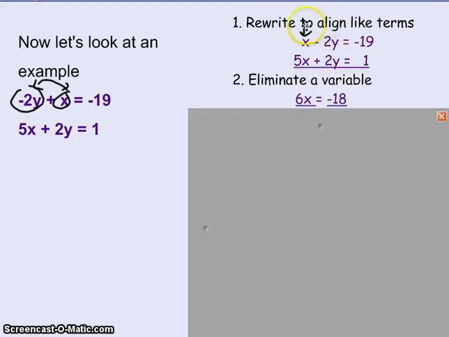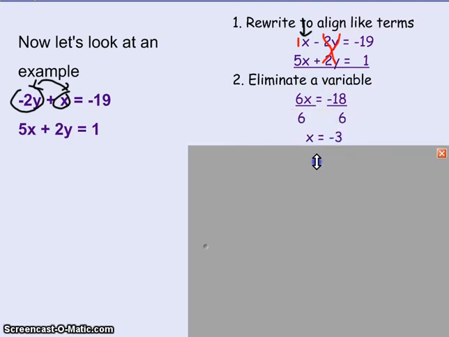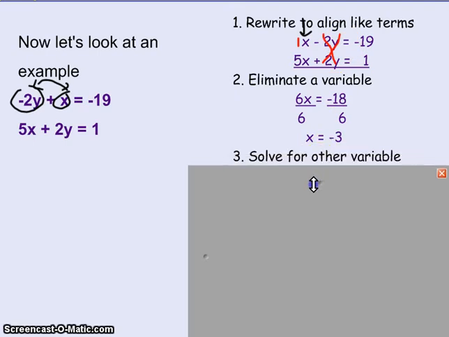When I add them together, we want those opposites to add out. So 1x plus 5x's would give me 6x's is equal to -18. Divide both sides by the 6 to get rid of it, and x would equal -3. So we've figured out what one of the variables is. Now we need to plug it back into one of the original equations to figure out what y is.